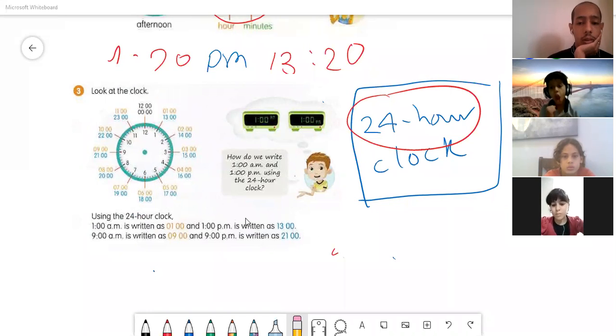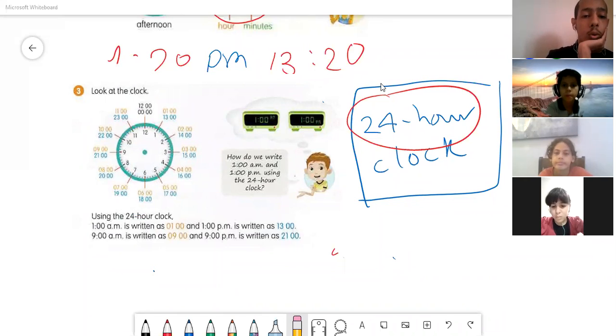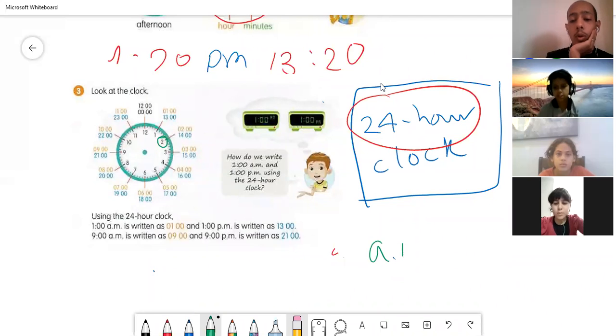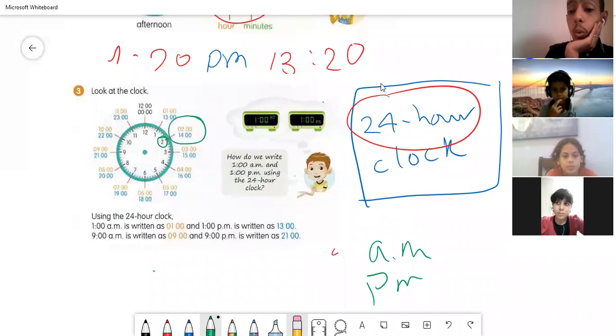I'm going to share this with you in the Discord, inshallah. For example, the 2 in the clock. If you want to talk in the 24-hour clock, which we cannot say AM or PM, how to say the time? We can say it is 2 or 14.